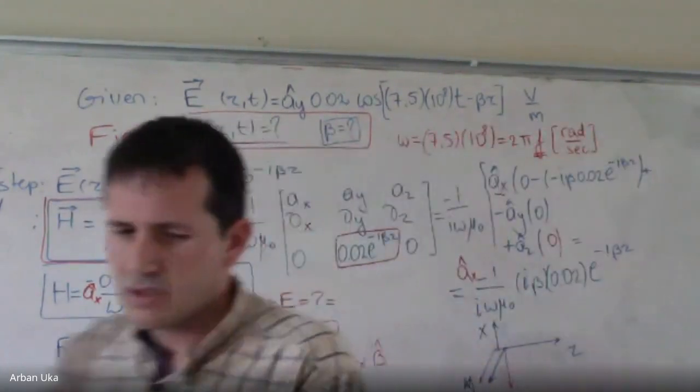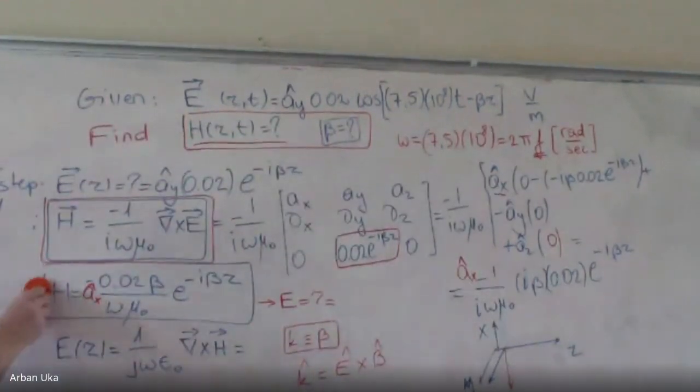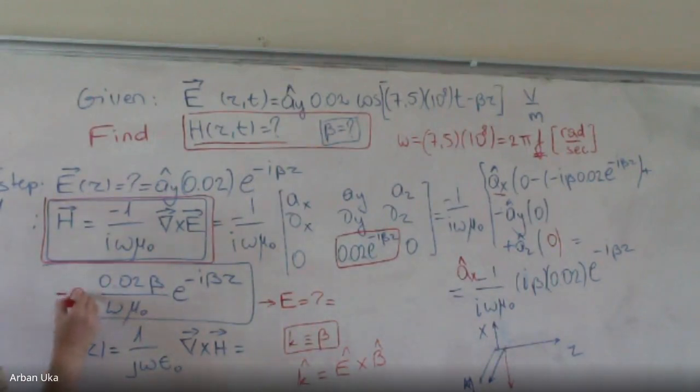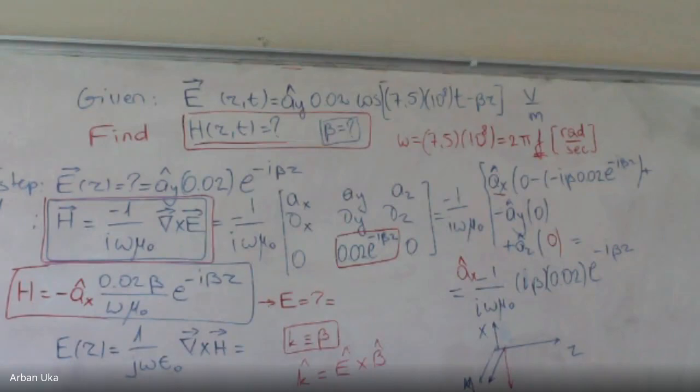Probably I should write this a little better. This is minus a_x, and the H is equal to this expression.